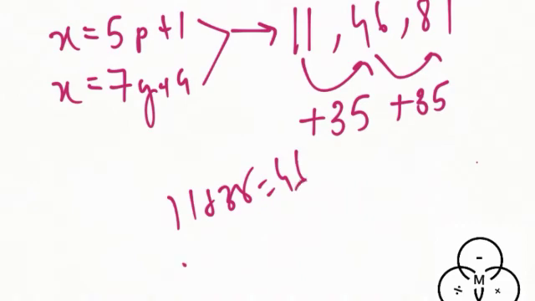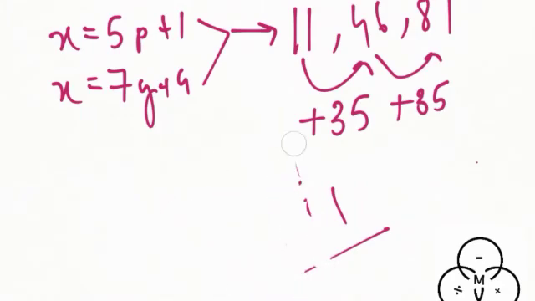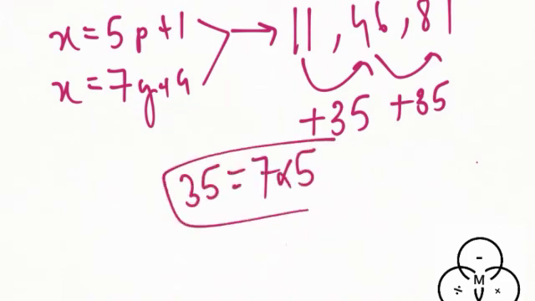And 46 plus 35 gives 81, and it also satisfies both of the equations. So it is also forming an AP with common difference 35, right? Now what is 35? Can anybody comment down below what 35 is? 35 is nothing but the product of the divisors, 7 times 5.